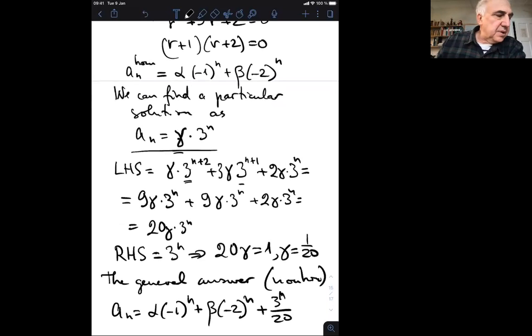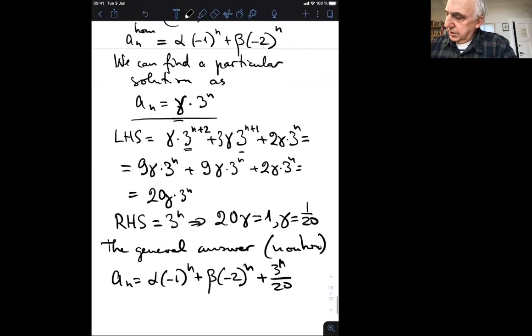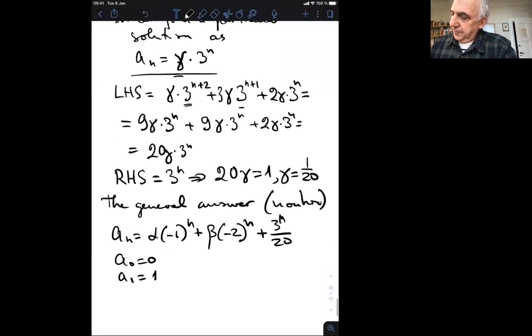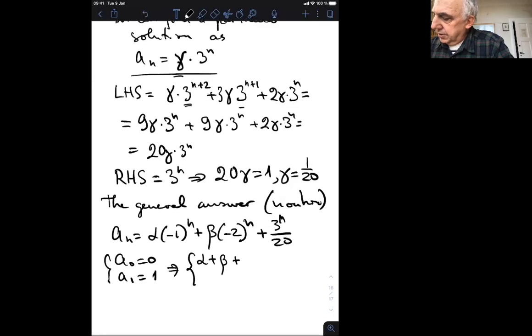Now we need to satisfy our additional conditions, a_0 is 0 and a_1 equals 1. So what does it give in our specific situation? If n equals 0, then we get alpha plus beta plus 1 over 20, which vanishes.